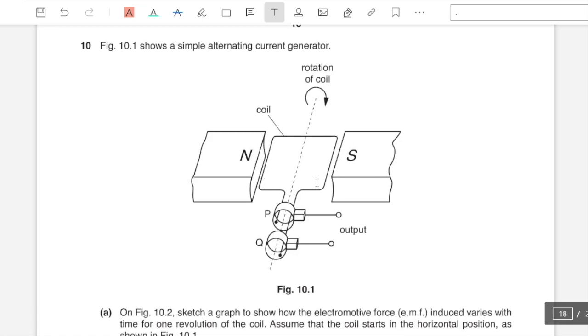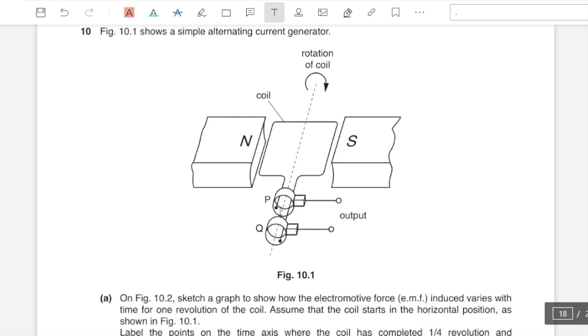That is to say, no EMF is induced when it completes the quarter of a circle, and then it turns back to this horizontal position. So that is to say half of the cycle gets completed and it forms an angle of 180 degrees just as is shown in the question. But again, that is only half of the cycle completed.